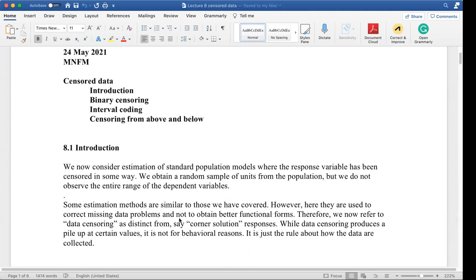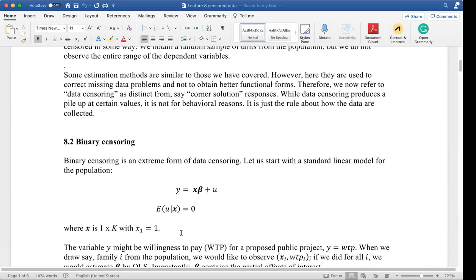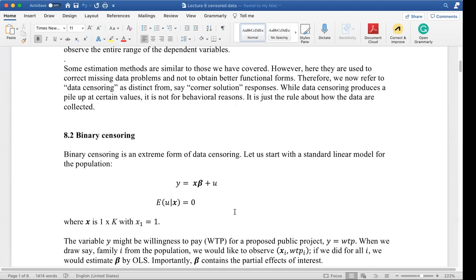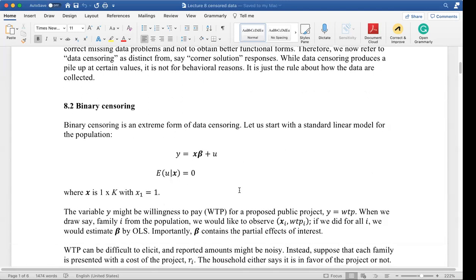Okay, so let's start with the simplest model to illustrate the censoring problem. The simplest model is that of binary censoring. Again, just like in the Probit model, we observe 0 or 1 for the left-hand side variable. Binary censoring is an extreme form of data censoring.